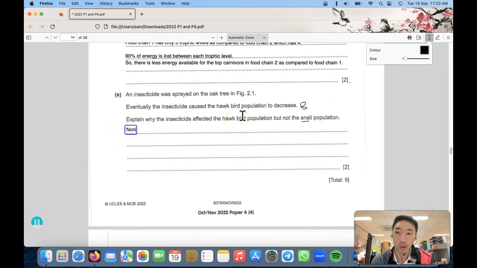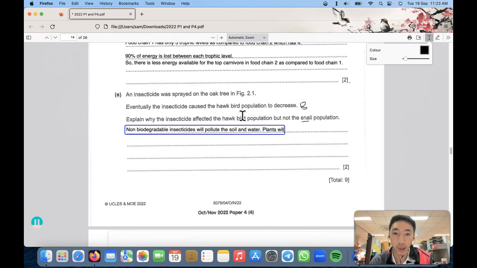Okay, so non-biodegradable insecticides will pollute the soil and water.